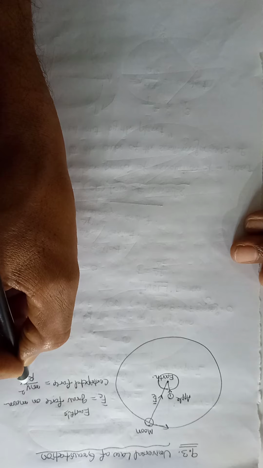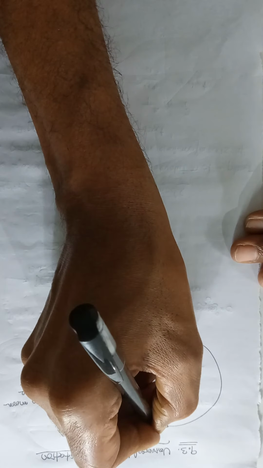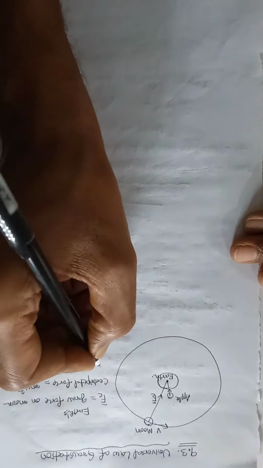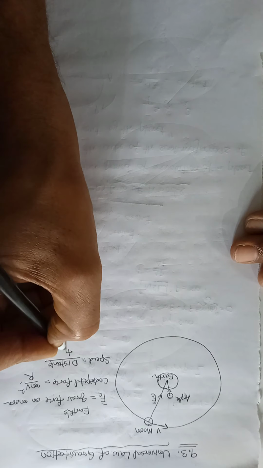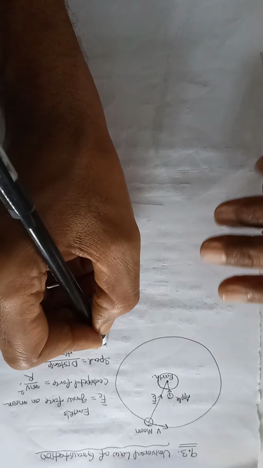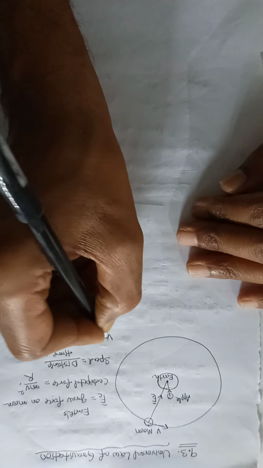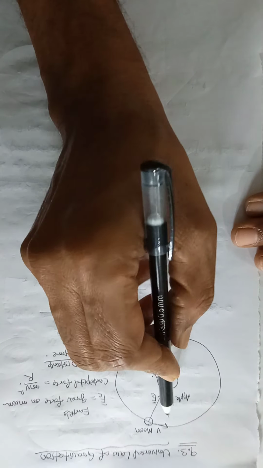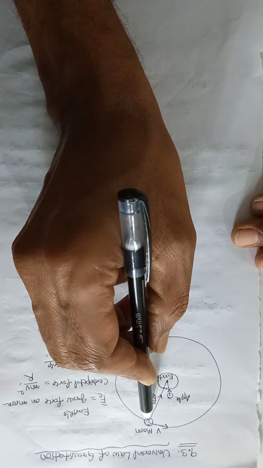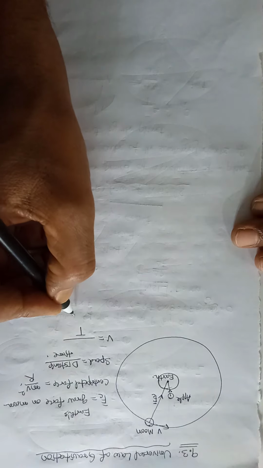Now m is available, we have to find speed of the moon. Speed is equal to distance by time. So if we consider time taken by the moon to complete one revolution, that is called time period.